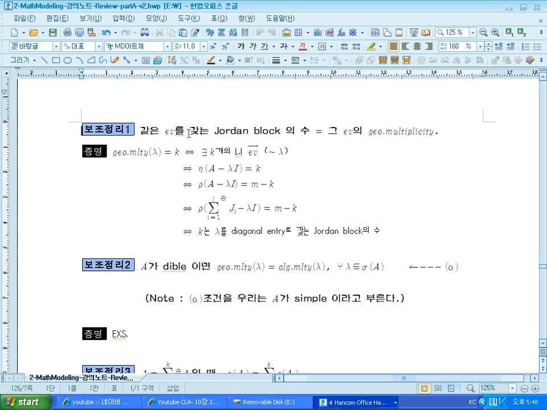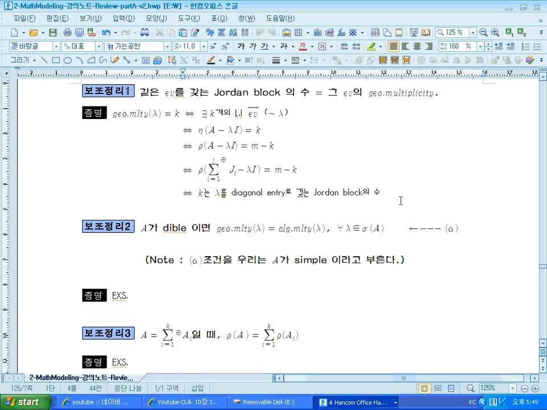The number of Jordan blocks with the same eigenvalue is exactly the same as the geometric multiplicity of that particular eigenvalue. Actually, this is the number of linearly independent eigenvectors corresponding to that particular eigenvalue.